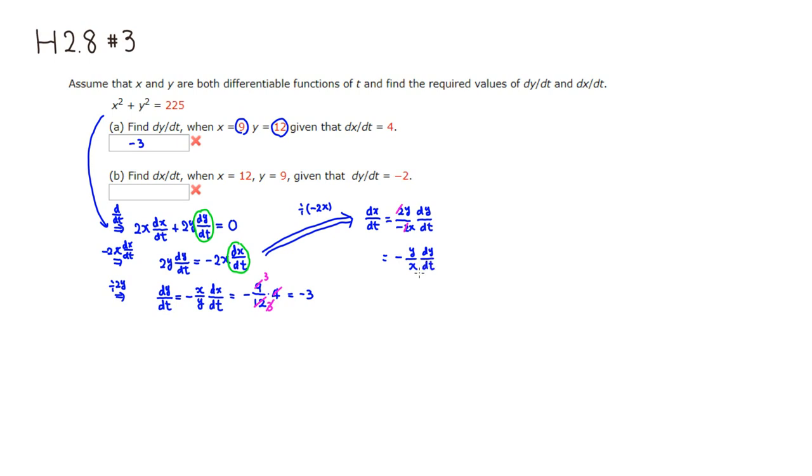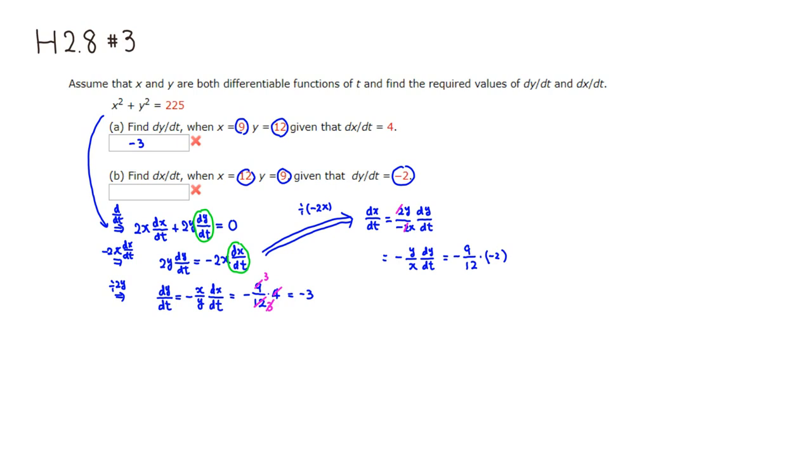Then we can just plug in these numbers. So here's a negative sign. y is 9, so we put 9 on top. And then x is 12, so we put 12 on the bottom. And dy over dt is -2, so we put the -2 there.